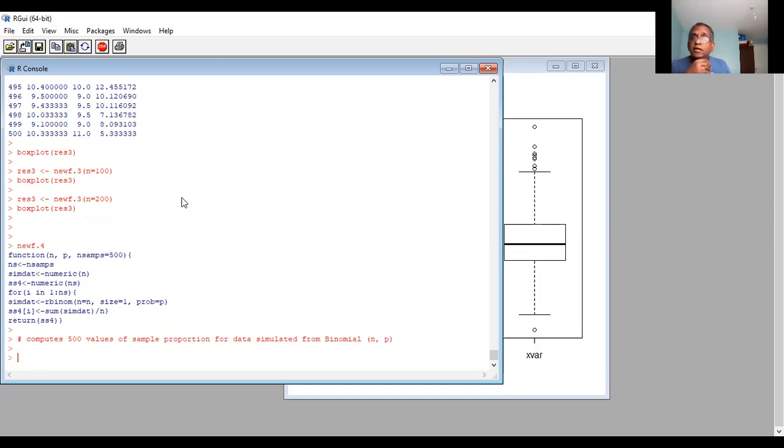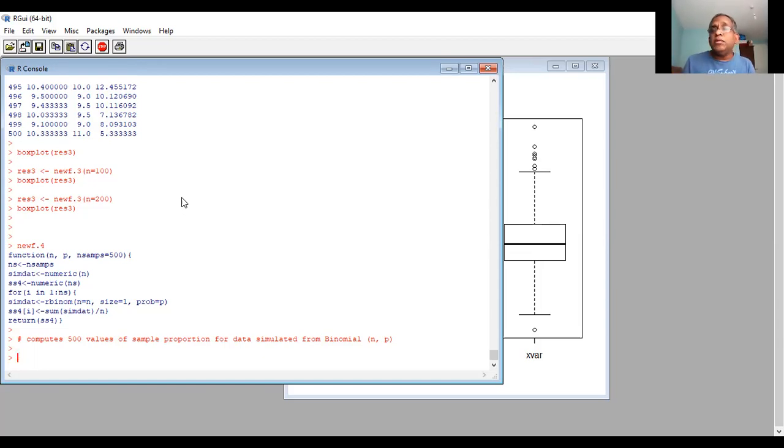It computes 500 values of the sample proportion for data simulated from a binomial distribution with parameters n and p.